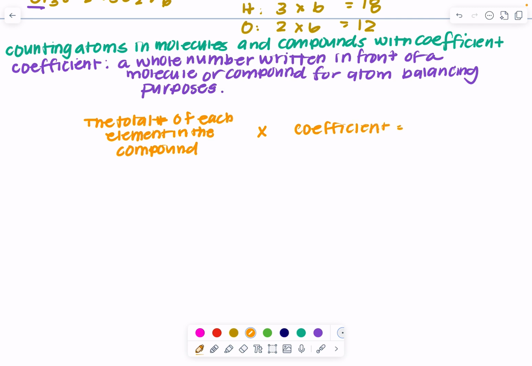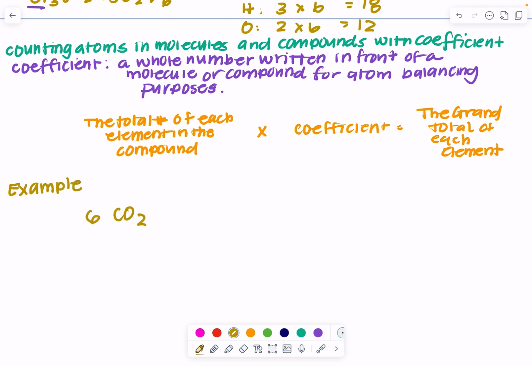And this will give us the grand total of each element. Remember that there can still be parentheses. The parentheses come before the coefficients when we're calculating it. So let's look at a few examples. Let's do an example without a parentheses, and let's do an example with a parentheses.